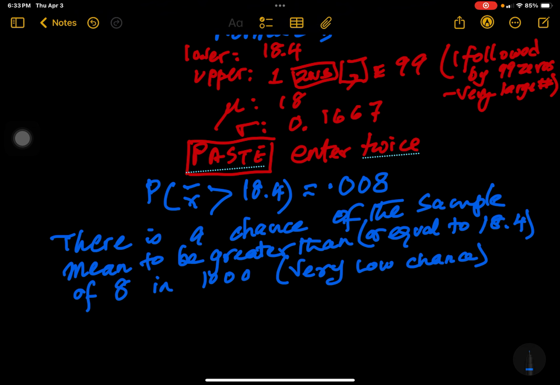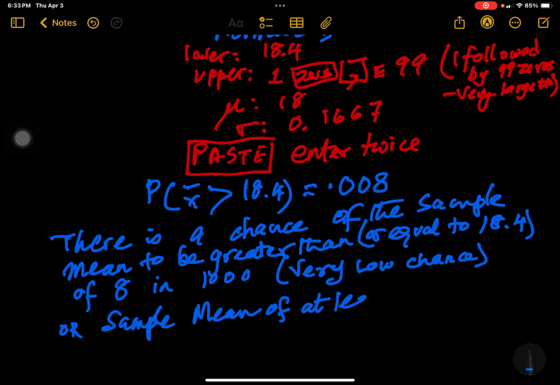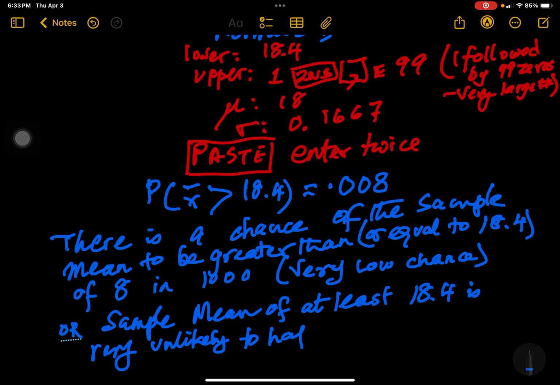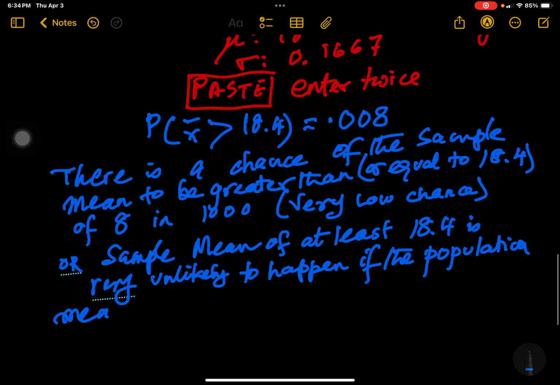Whereas the sample mean came out as 18.4, which is very unlikely to happen, or a sample mean of at least 18.4 is very unlikely to happen if the population mean is 18. Population mean as claimed by the manufacturer.